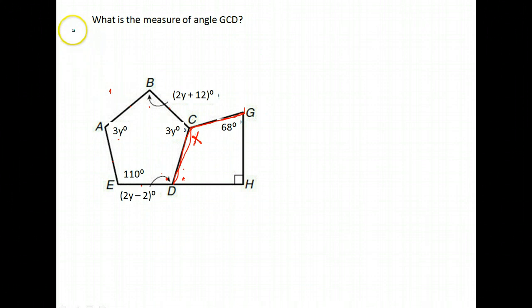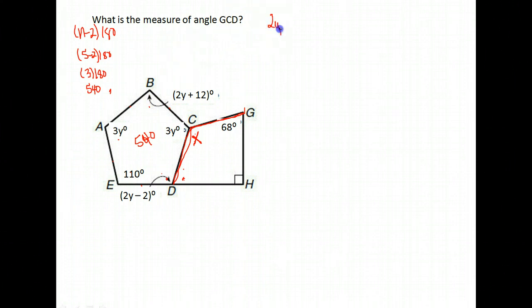For a pentagon, which is a 5-sided figure, for interior angles, we take the number of sides minus 2 times 180, and that tells us the sum of the angles inside that polygon. So a 5-sided figure, 5 minus 2 is 3, and 3 times 180 is 540. So this polygon has a total of 540 degrees for its interior angles. So I'm going to set up an equation to find y.